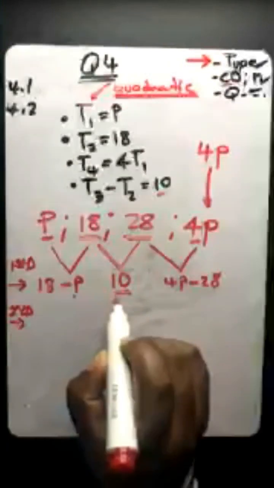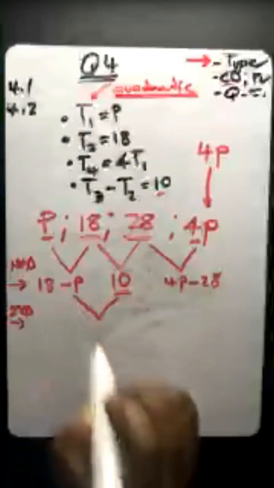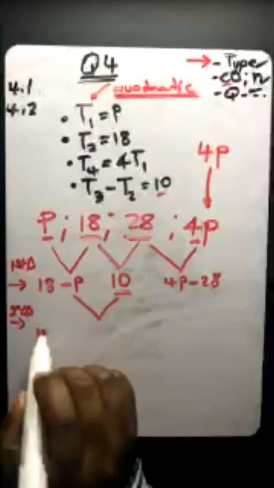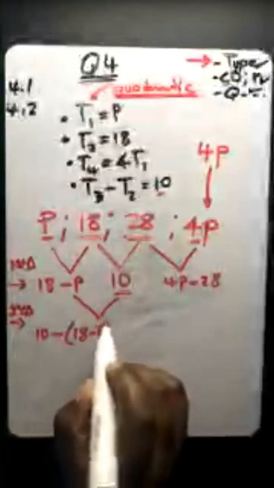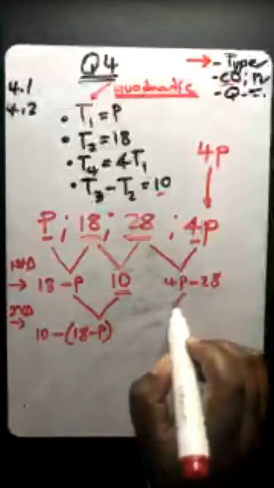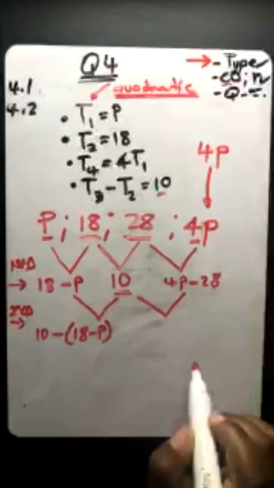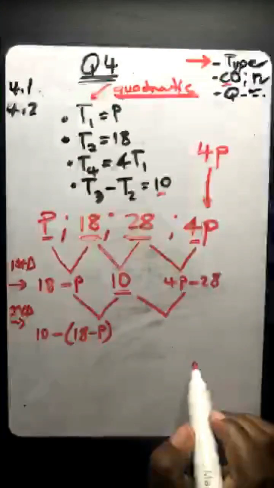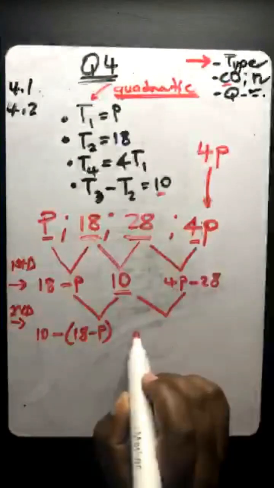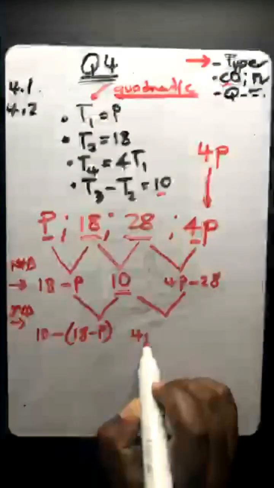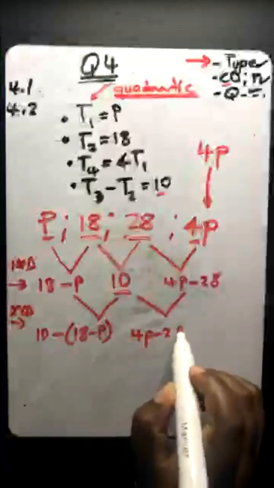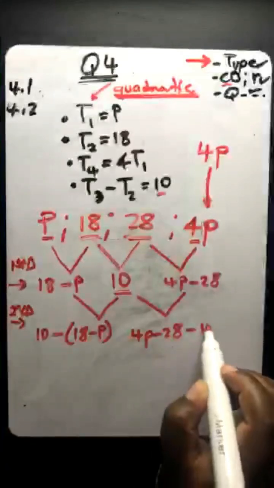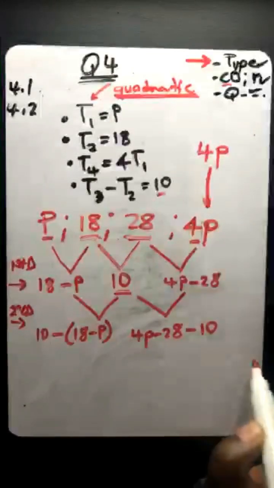So you're going to have 10 minus (18 minus P), which has to be equal to 4P minus 28 minus 10.